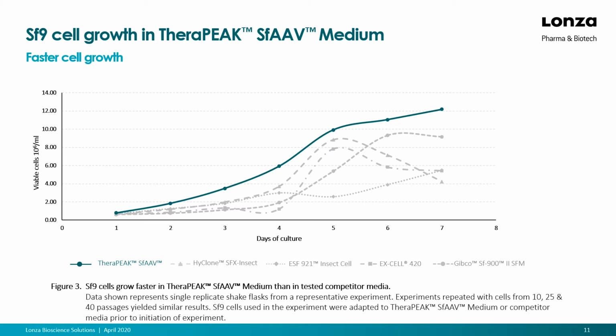In contrast, the other media allowed the culture to only reach 9 to 10 million cells per ml, and they took until day 5 or day 6 to reach those densities. More importantly, TheraPEAK SfAAV Medium allowed the culture to reach 3 to 4 million cells per ml, a common cell density for infection, on day 3, whereas with other media this density was reached on day 4 or later.